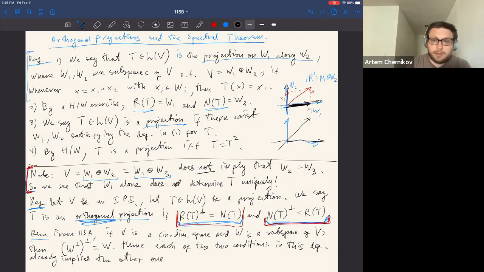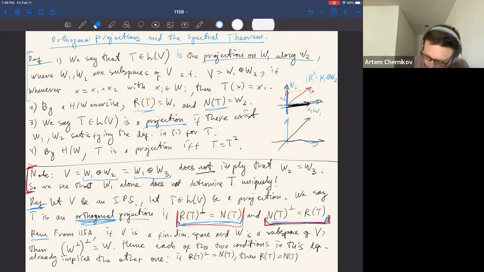So we have that, for example, if the orthogonal complement of the range of T is equal to the null space of T, then we also have that the orthogonal complement of the null space of T is equal to the range of T.